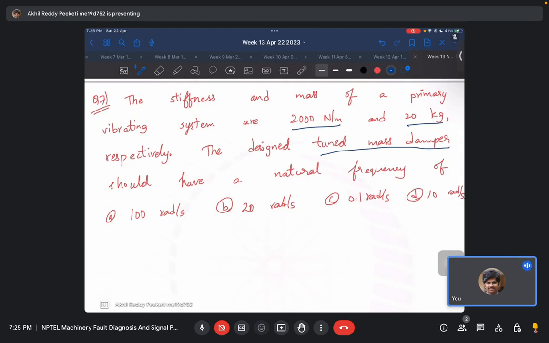What should be the natural frequency if you are designing a tuned mass damper? So you are given the primary vibrating system's stiffness and mass, which means you can estimate the natural frequency of the primary vibrating system.